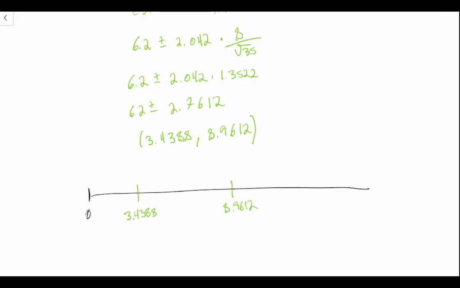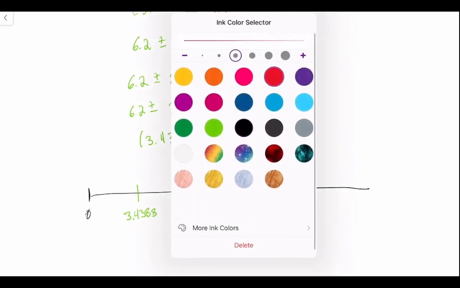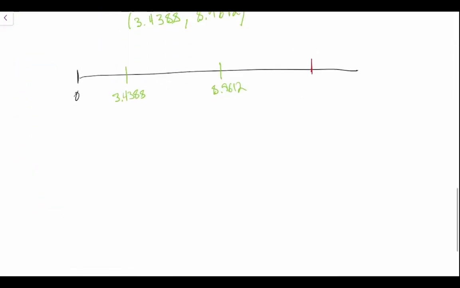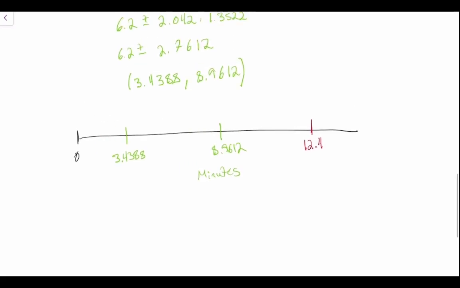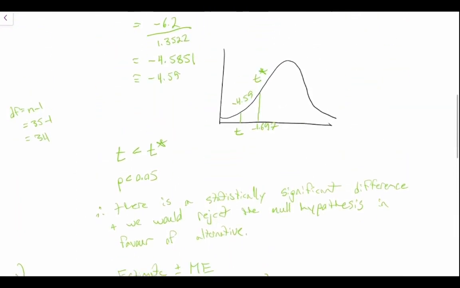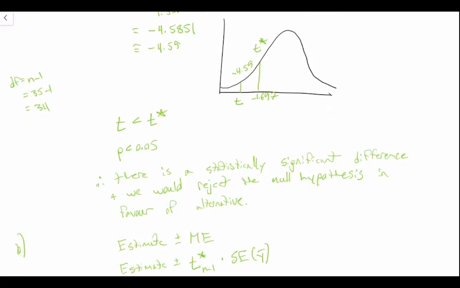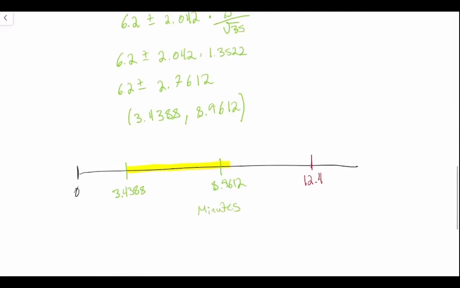We notice that that initial estimate that we had of 12.4, if we say that this is all in minutes, is not in our 95% confidence interval, supporting what we concluded using our t-test, which was that it was less than 0.05. So therefore, it supports our conclusion.